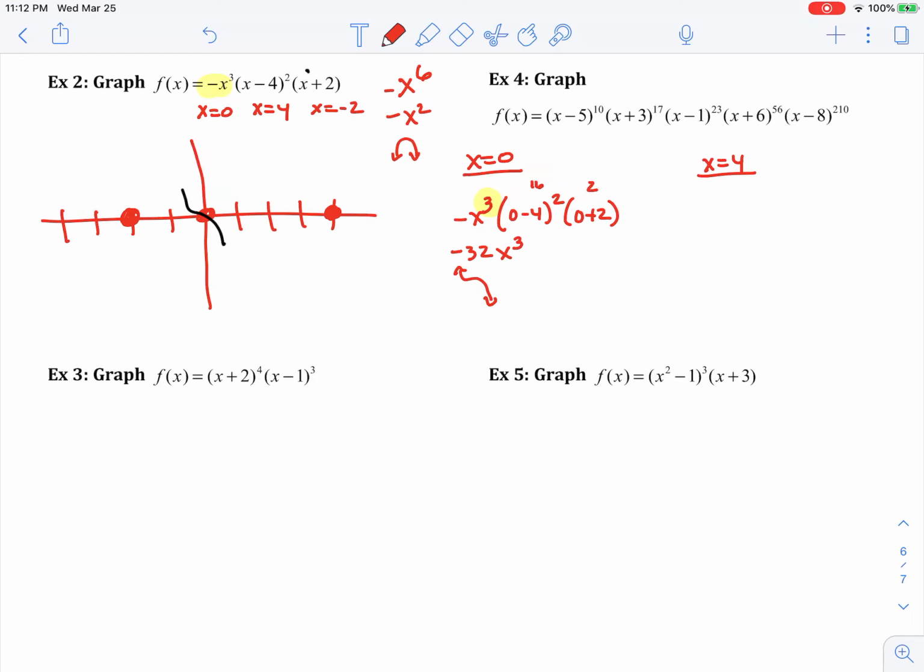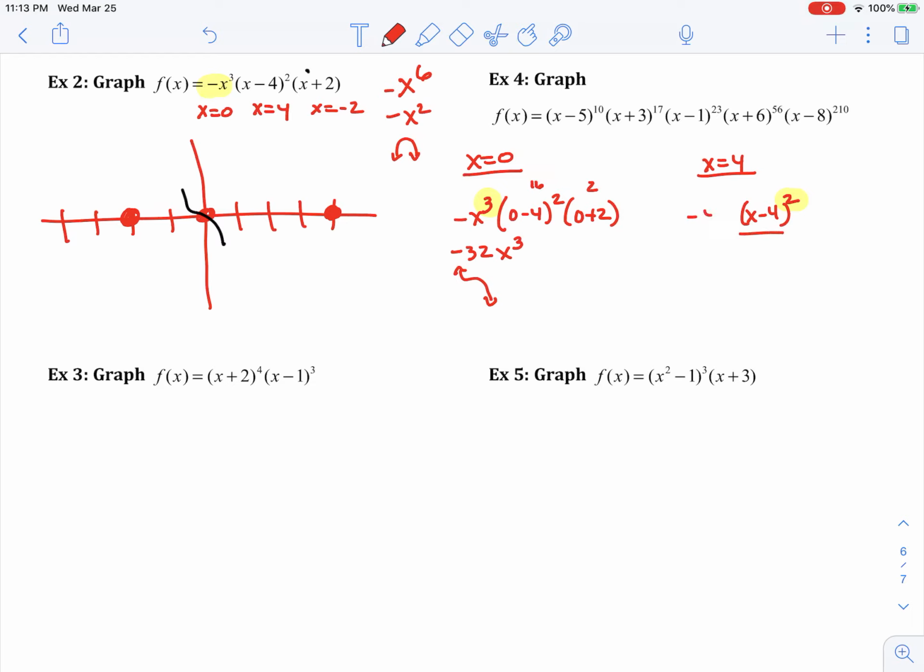Well, x equal to 4 came from that factor of x minus 4 squared. So because of that multiplicity of 2, we already know that around x equal to 4, it should be taking on the shape of an x squared graph. A little more specific to that behavior is if we take 4 and we plug it into the other x's in the equation, except for where it came from.